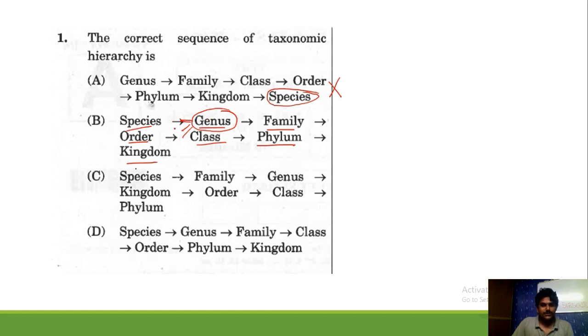The group of genus will come under the family, and a lot of families will come under the order. Like that, a lot of orders will combine into a class, that will combine into a phylum, and then it will be the kingdom.